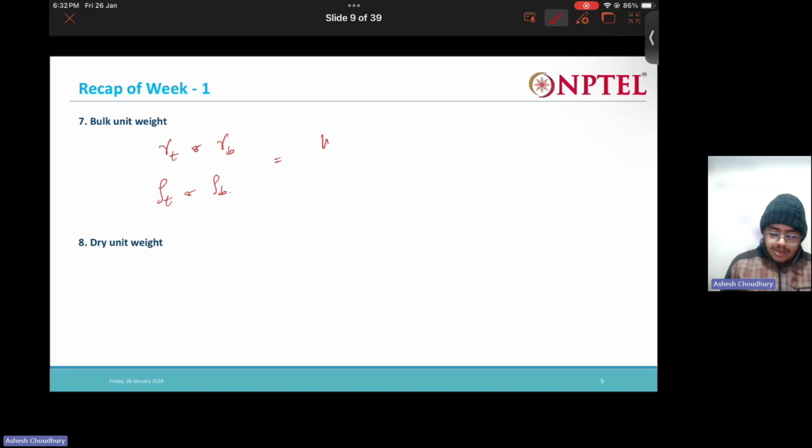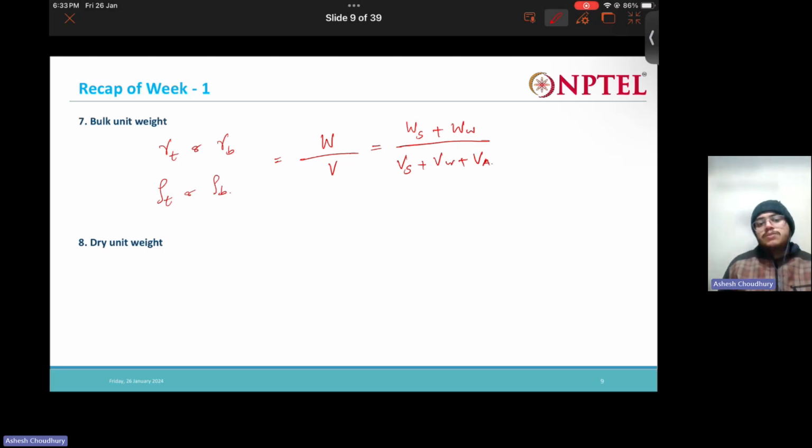This is nothing but total weight by total volume, weight per unit volume. Next we have the dry unit weight. The dry unit weight is nothing but weight of solids by total volume.